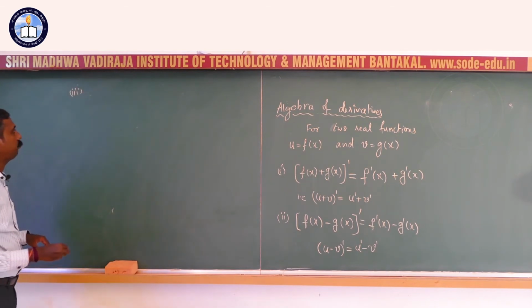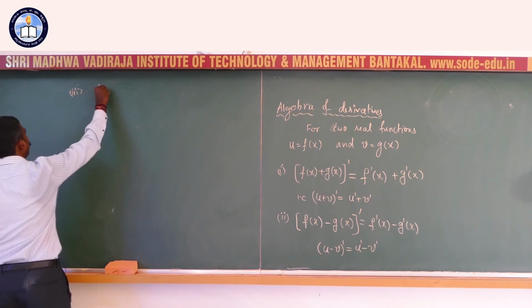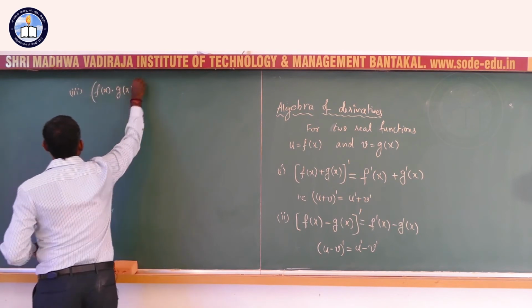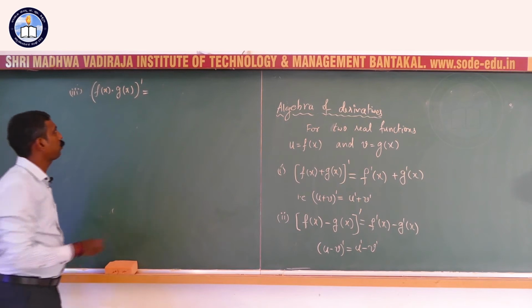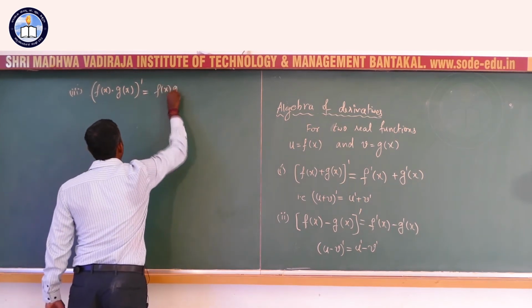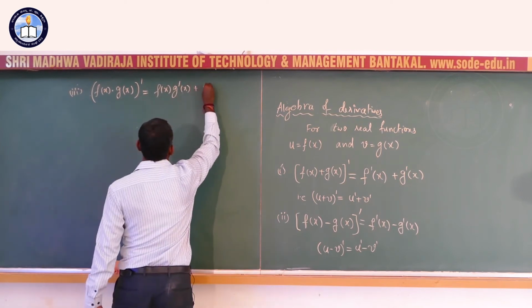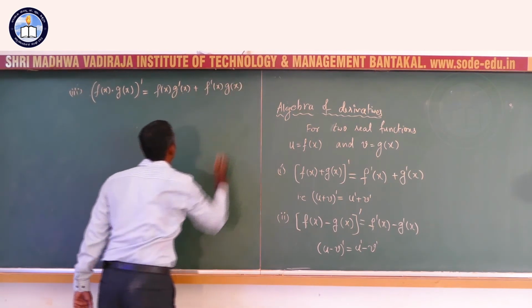Third one, f of x into g of x whole dash. This is known as the product rule. It is f of x into g dash of x plus f dash of x into g of x.